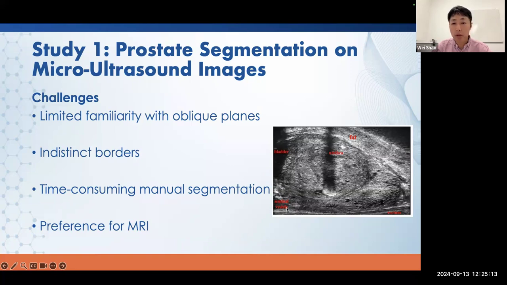And manual segmentation is clearly very time consuming. It takes at least 2 to 4 hours to segment the whole micro-ultrasound image sequence per patient, which is not feasible. For those reasons, at this moment, the adoption of this new technology among urologists is still very low. Most people still prefer MRI.